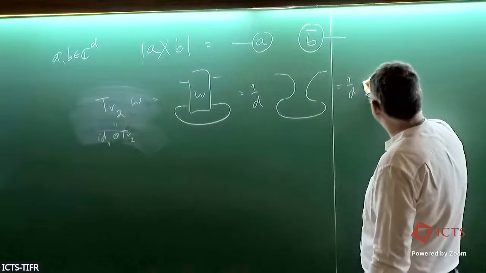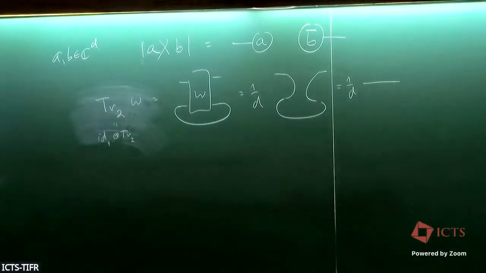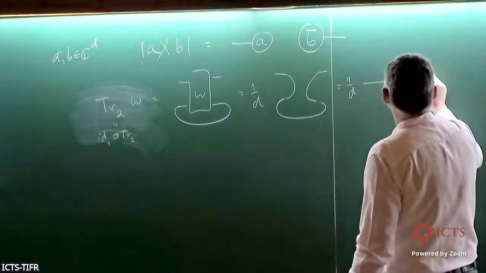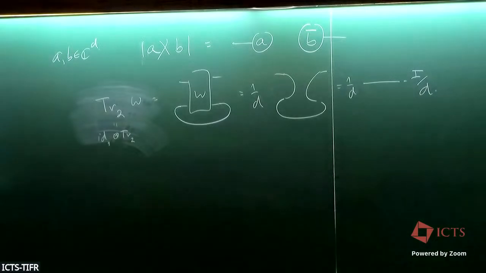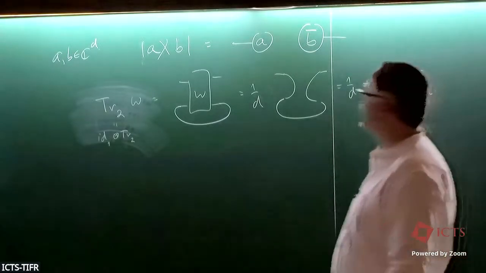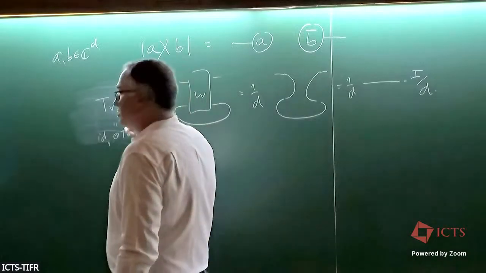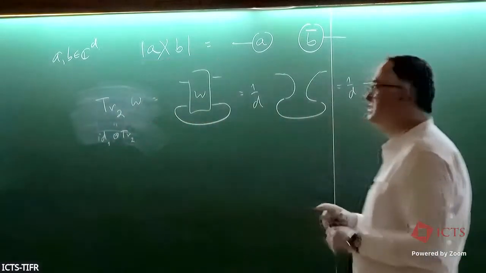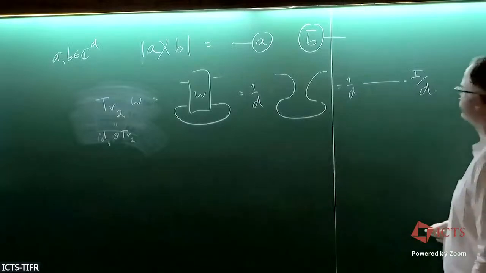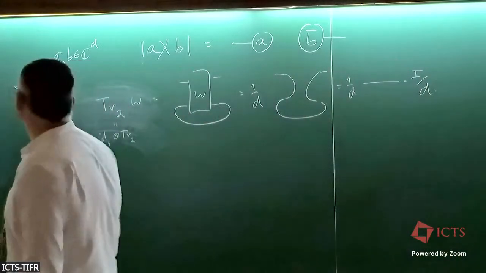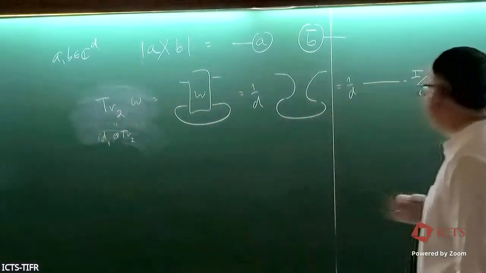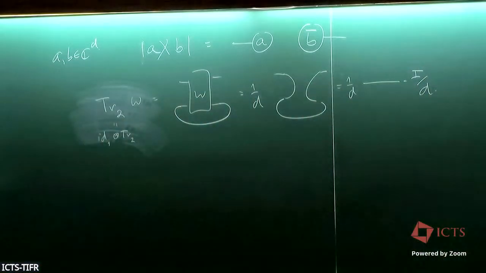So this is 1 over d, this picture, and this is the identity. So this is a very trivial computation showing that the reduced density matrix of a maximally entangled state is a maximally mixed state. Okay. Using this graphical notation.